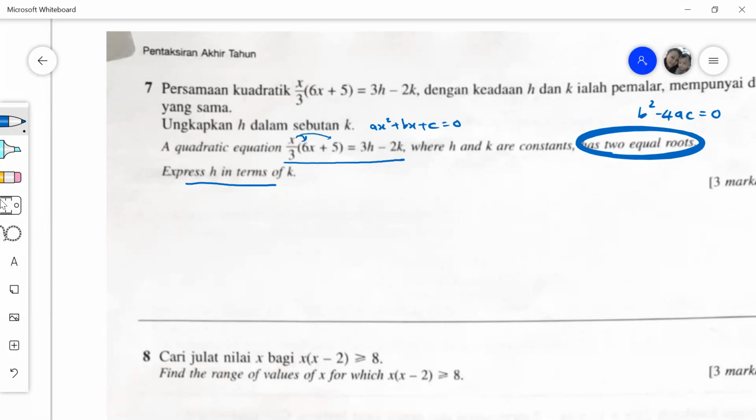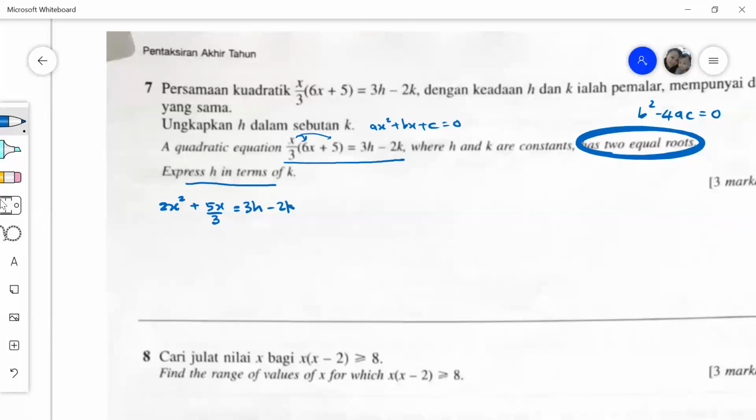So we will have x over 3 times 6x, so we will have 2x squared plus 5x over 3 equals 3h minus 2k.